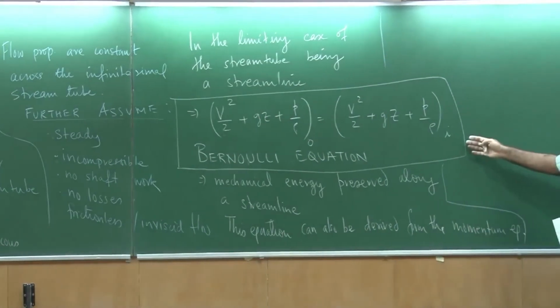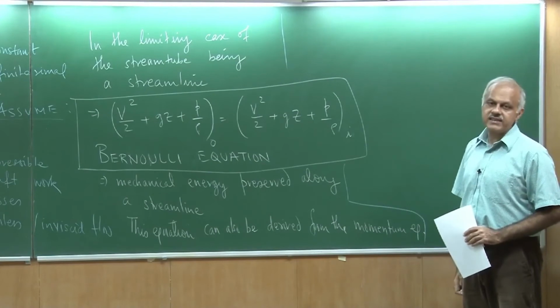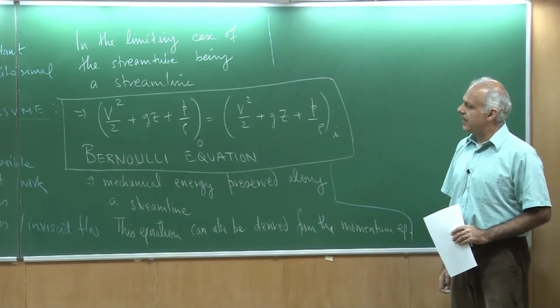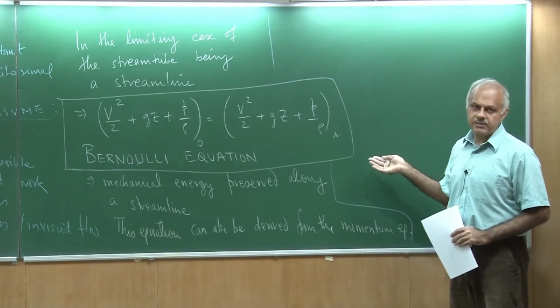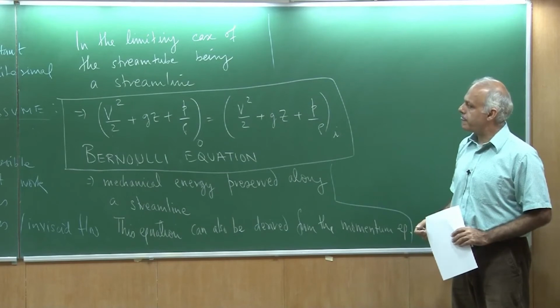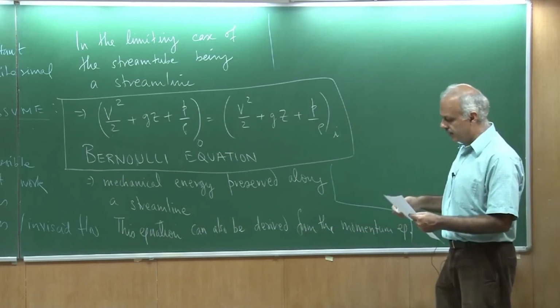We can use the Bernoulli equation to study the ideal performance of several devices, and I am going to show you a couple of examples. This is a very important equation, and I am going to apply it to some situations so that you get a feel for it.